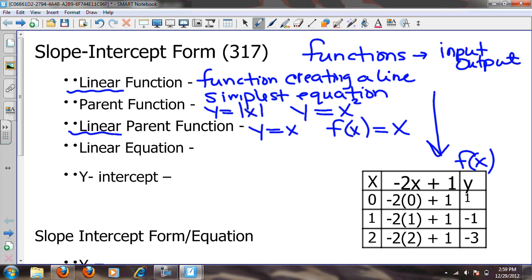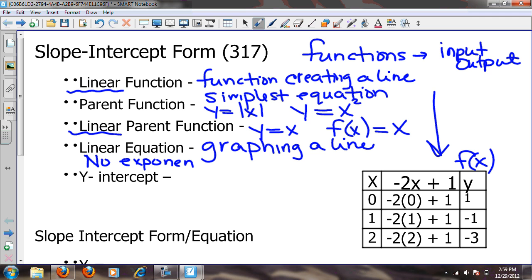Then we have a linear equation. A linear equation is for a graph of a line. So it's graphing a line. It will not have any powers, no exponents or absolute value.